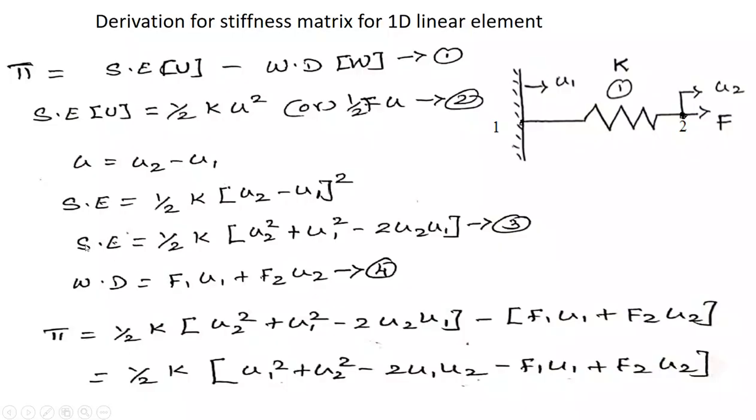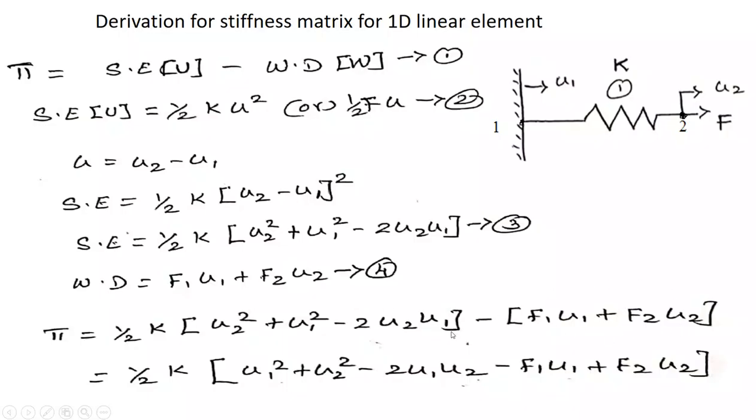We apply the strain energy final equation and the work done in equation number 1. So half K times U2 square plus U1 square minus 2 U2 U1 for the strain energy, and then minus the work done, which is F1 U1 plus F2 U2.